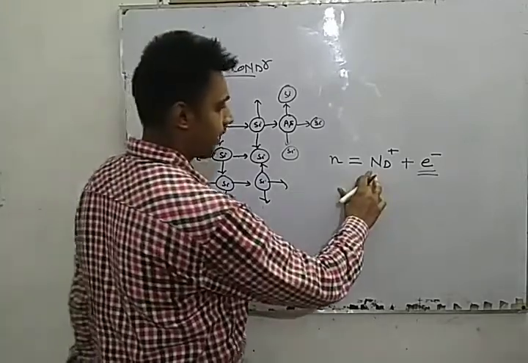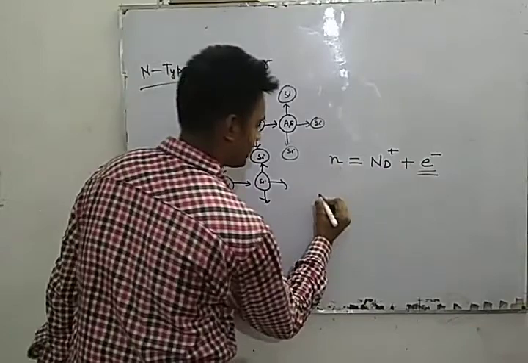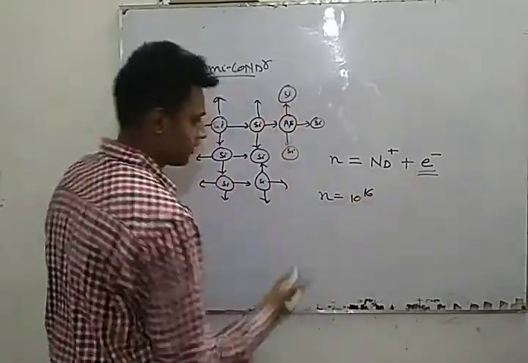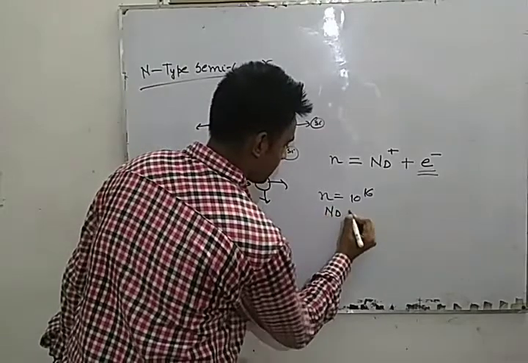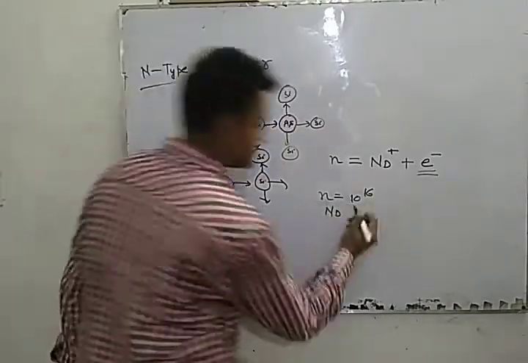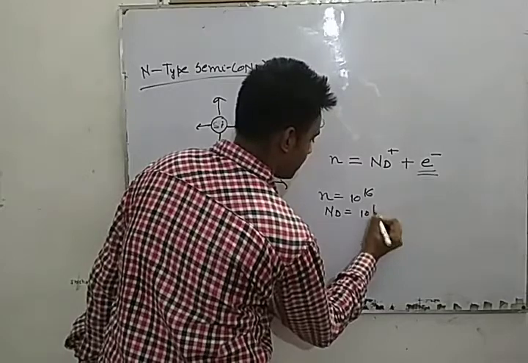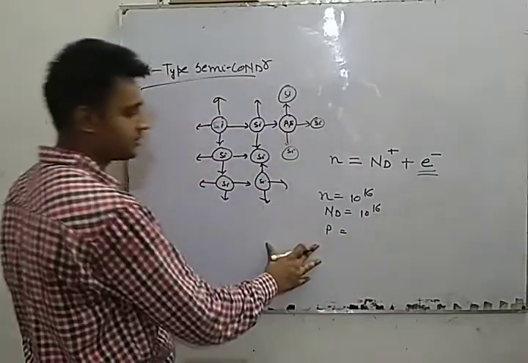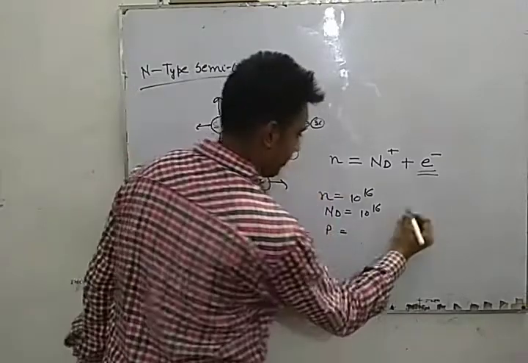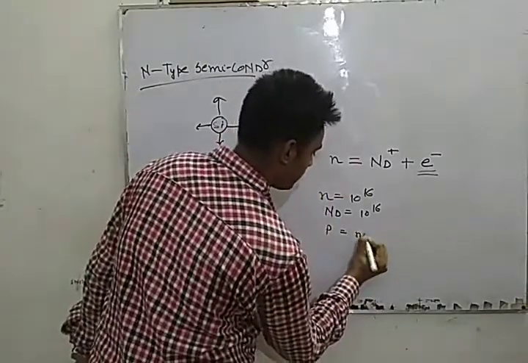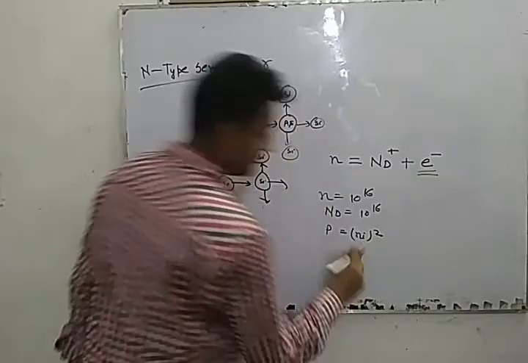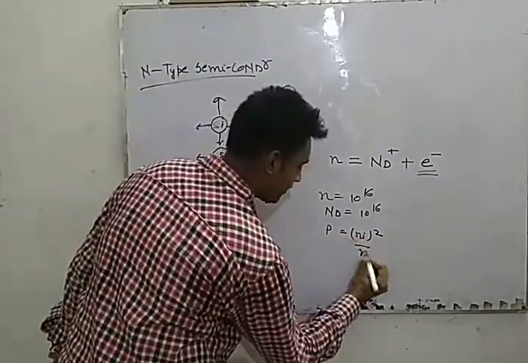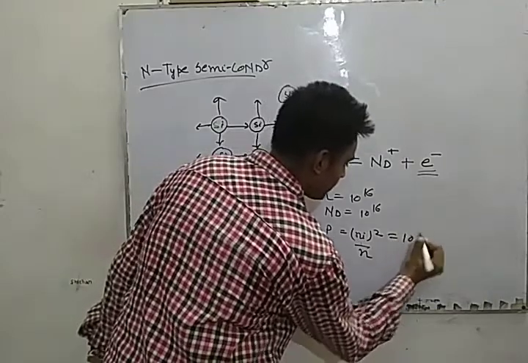N is the electron concentration, whose value is equal to 10 to the power 16, and that is the donor impurities, Nd. And the value of P, the number of holes, is approximately equal to Ni square. The new relation we studied is P equals Ni square upon N, and its value is approximately equal to 10 to the power 4.